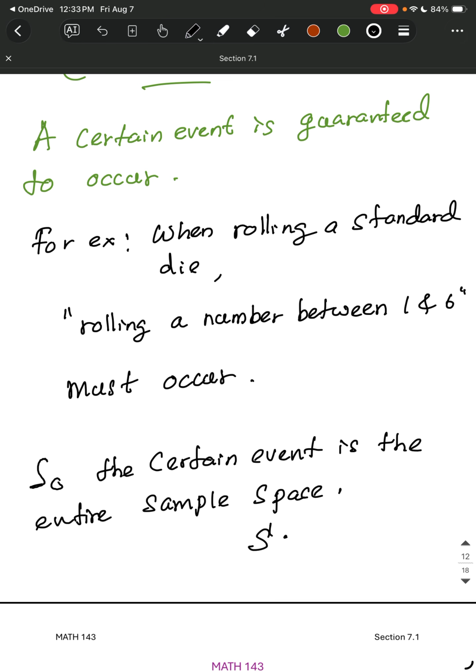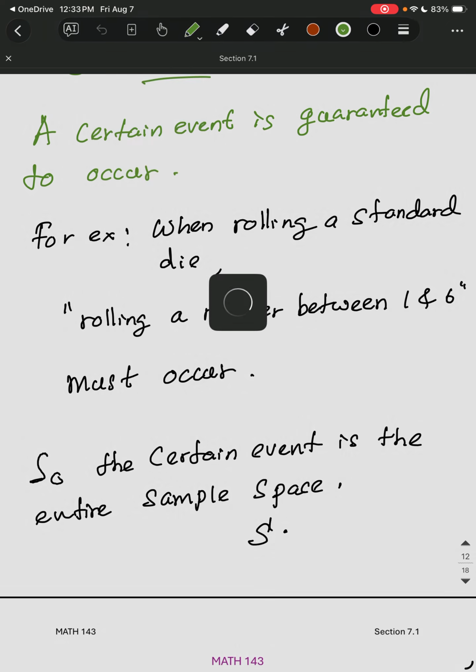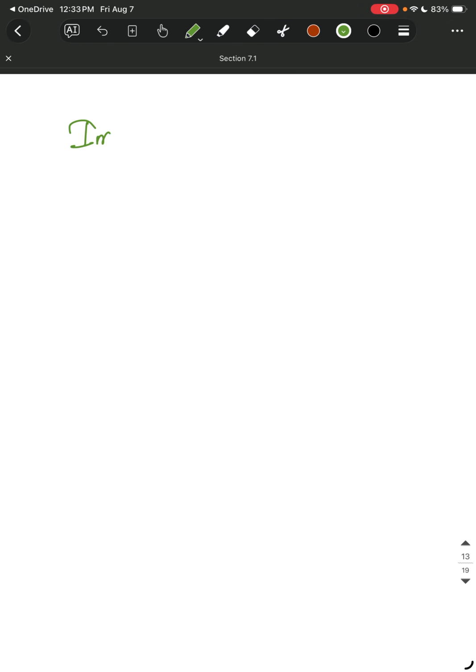Next, impossible event. An impossible event cannot occur.